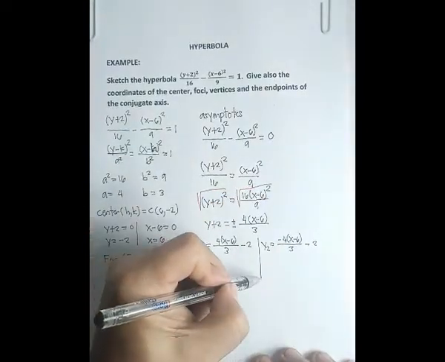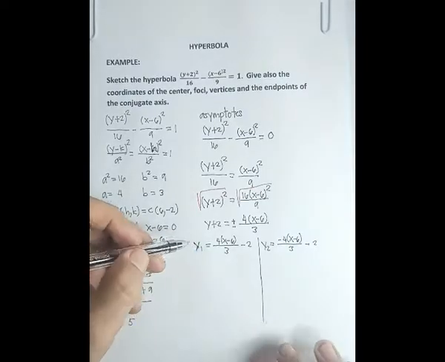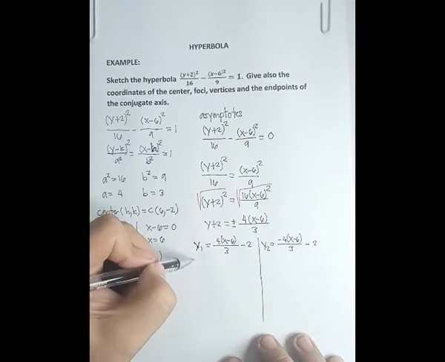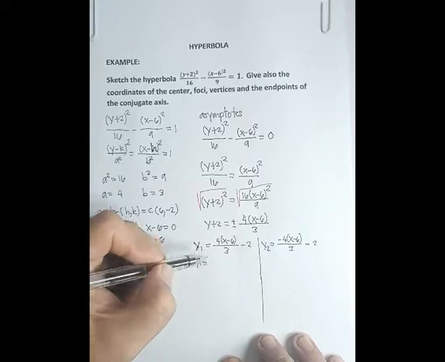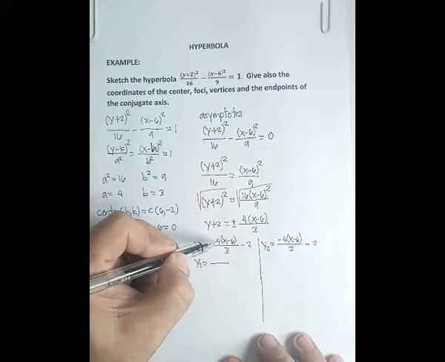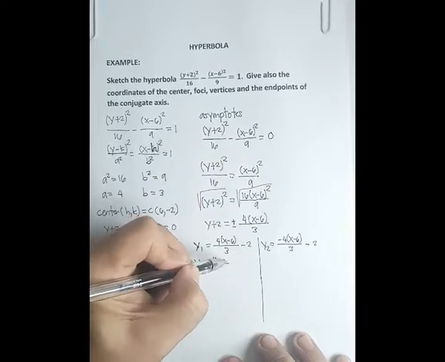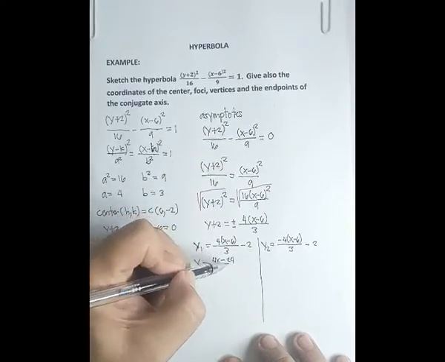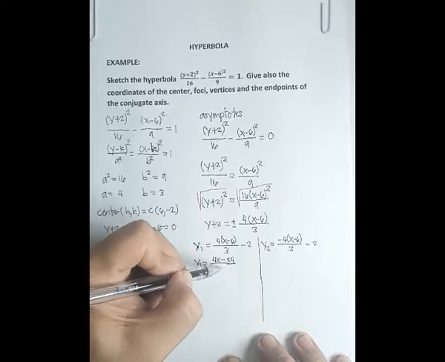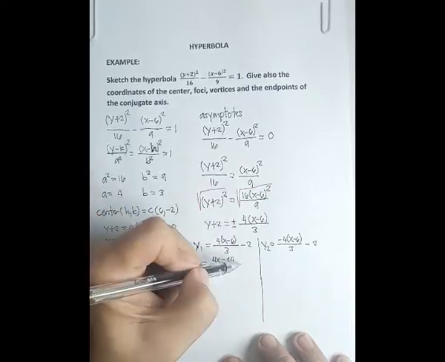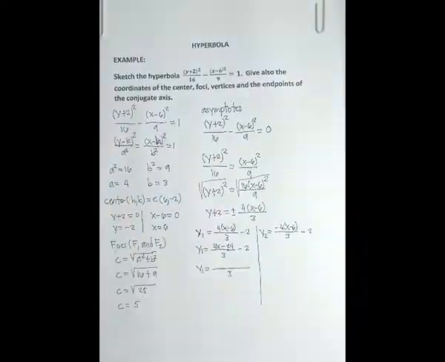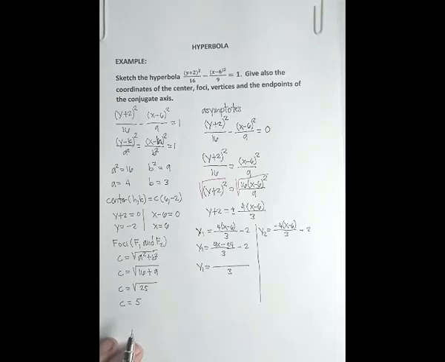Let us simplify. Multiplying the 4, we get (4x minus 24) over 3 minus 2. Let us simplify further.